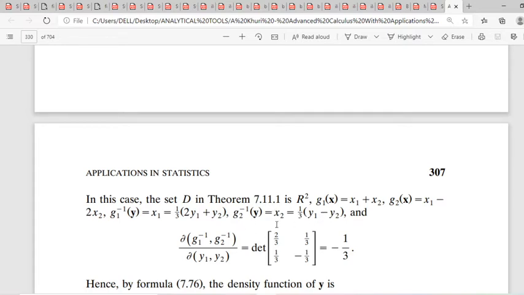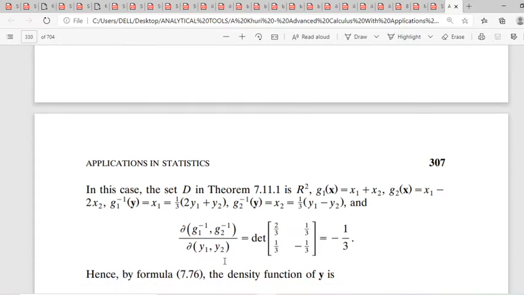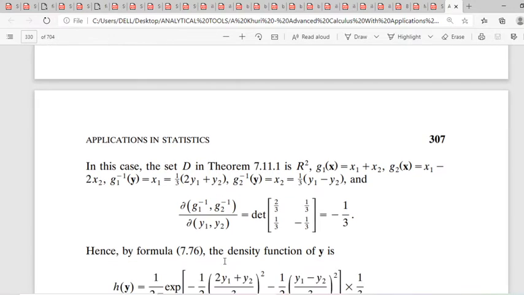Okay, right. So we can find the Jacobian of the transformation. For that we will determine the determinant of the partial derivatives of g1 inverse and g2 inverse with respect to y1 and y2. That is, dou g1 inverse by dou y1 is 2 by 3, dou g1 inverse by dou y2 is 1 by 3.